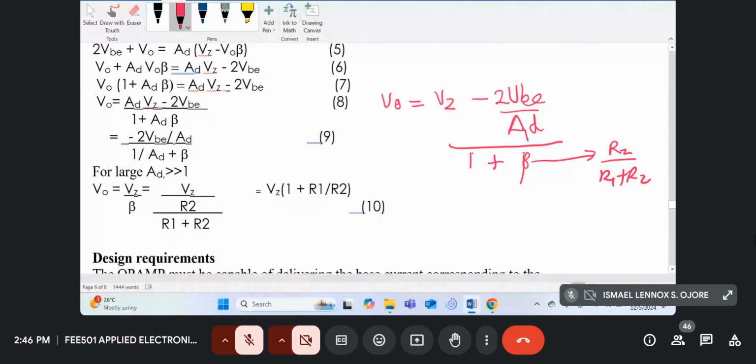So I don't know what they're typing. There's a typing error over there, which I won't edit right now. What I've written there is, we're saying this is normally approximately V naught, normally approximately Vz into 1 plus beta.